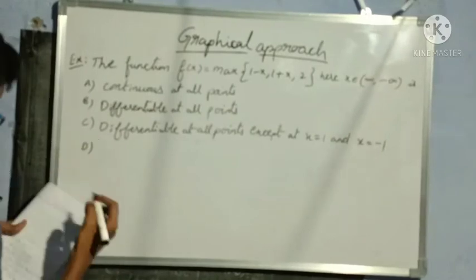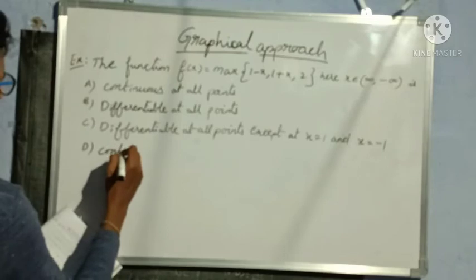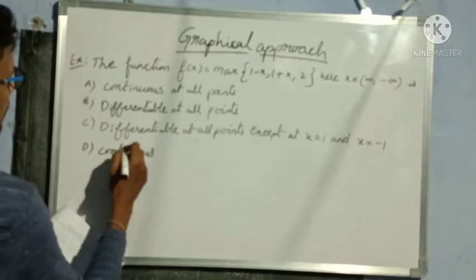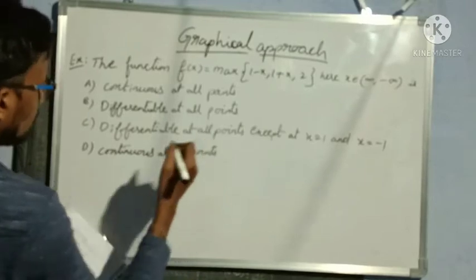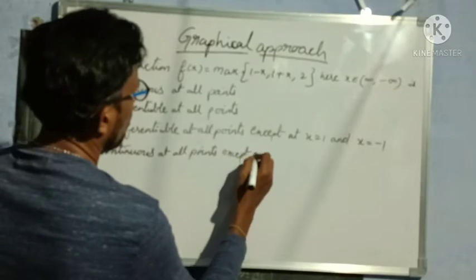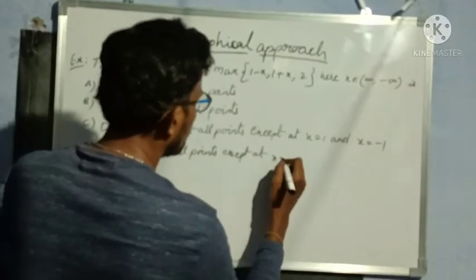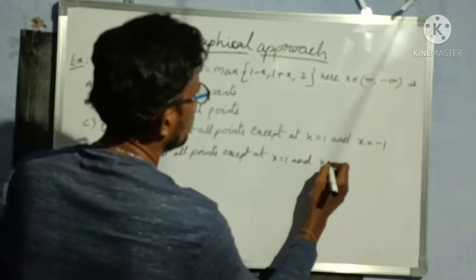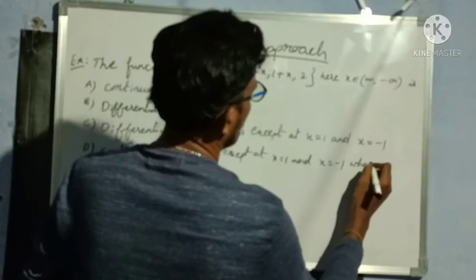And last option, continuous at all points except at x is equal to 1 and x is equal to minus 1, where it is discontinuous.